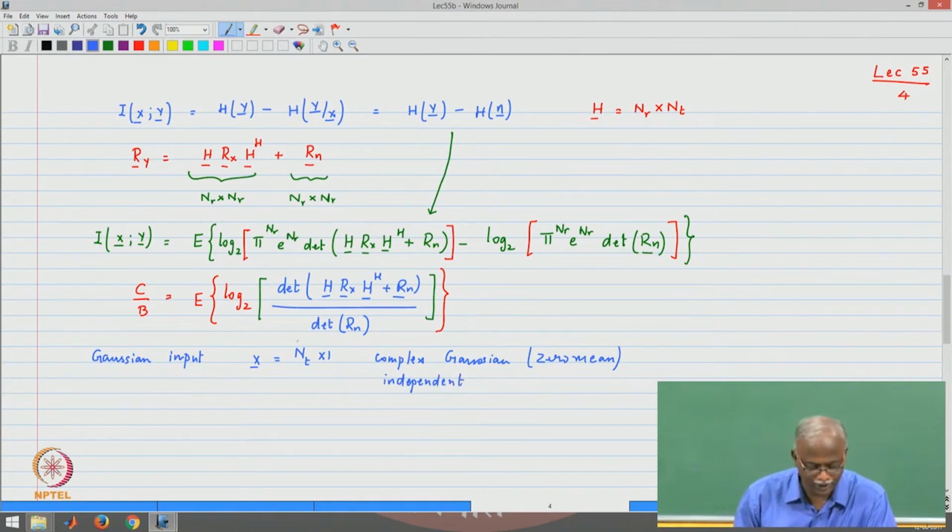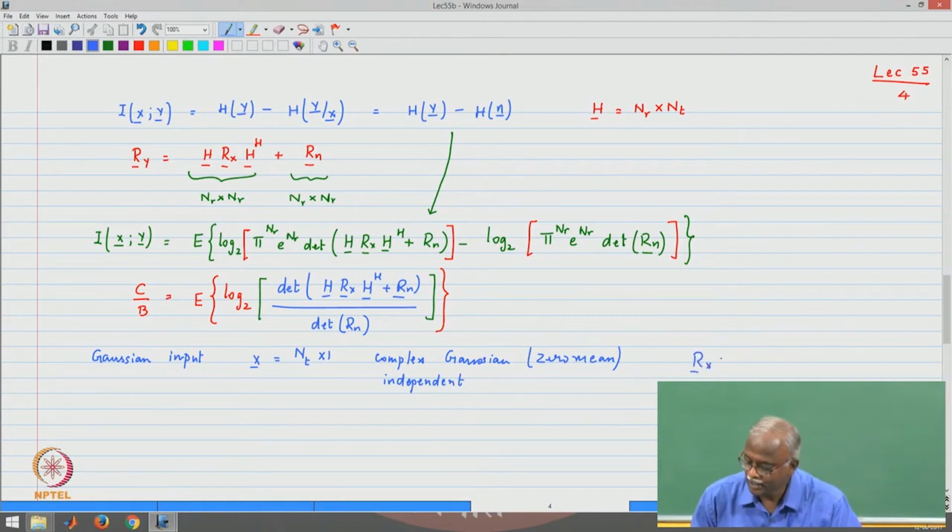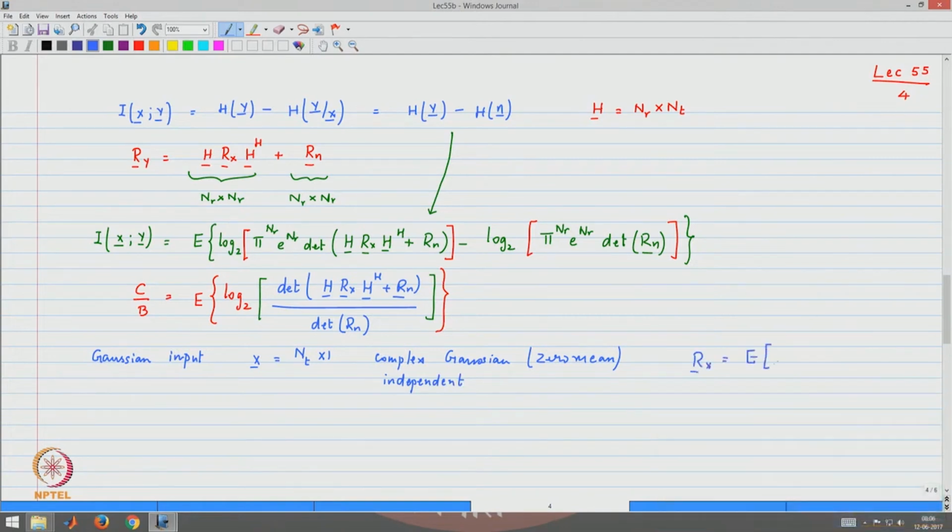independent complex Gaussian zero mean. So, in that case, the autocorrelation matrix Rx, given by the expected value of x x Hermitian, can be written as the variance of the Gaussian random variables, sigma x squared, times the identity matrix, and the dimensions of the identity matrix would be nt, because it is an nt cross 1 vector.